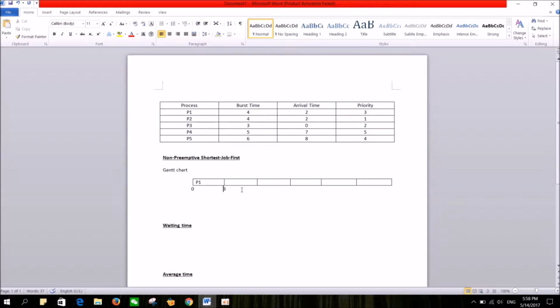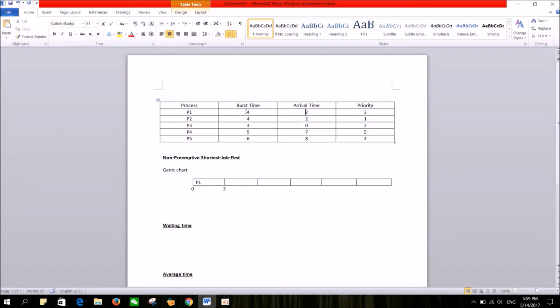After P3 is executed, now we have to check which processes have arrived in between 3 ms. It's P1 and P2. Both have the same arrival time of 2. If two processes have the same arrival time, then we have to check their burst time.